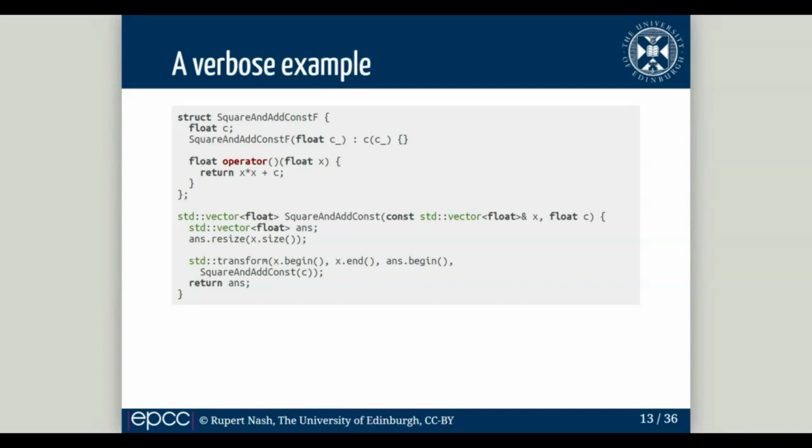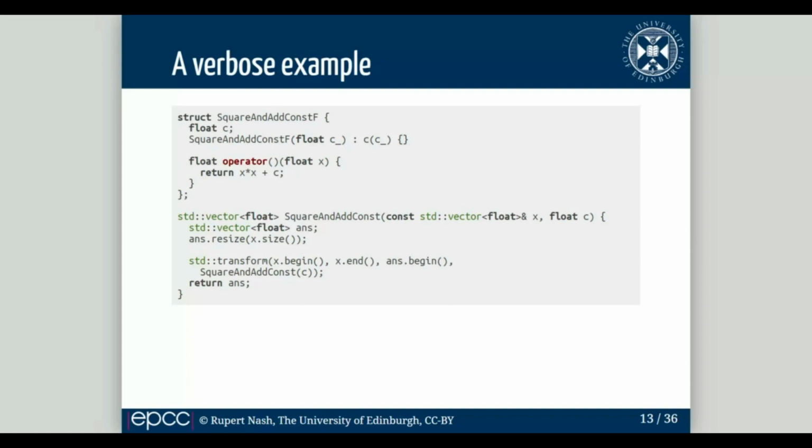There's no copy being made, and we're not going to edit the values of x, and a float c is passed in. This transform algorithm takes the end pointer of the vector container x and returns the answer into a new vector of floats, and we pass the beginning iterator of that in, and then we apply and add constants onto each element of this to be written answer.